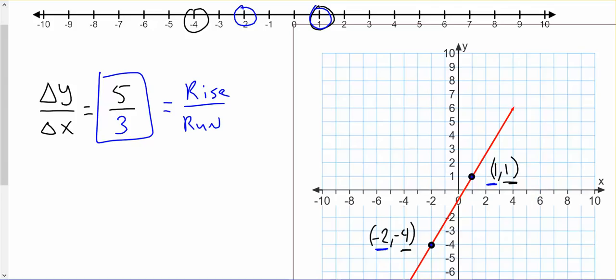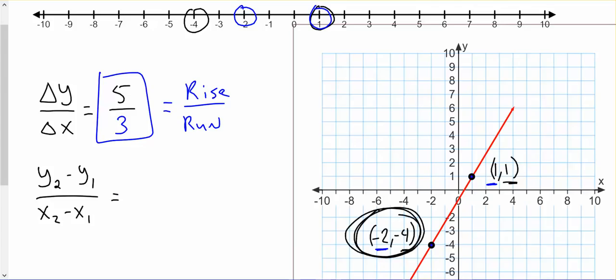You'd also see a fancy equation that's y sub 2 minus y sub 1 over x sub 2 minus x sub 1. And so when I do this, I always say that these are my 1s. My points on my left are my sub 1s, and my points on my right are my sub 2s.